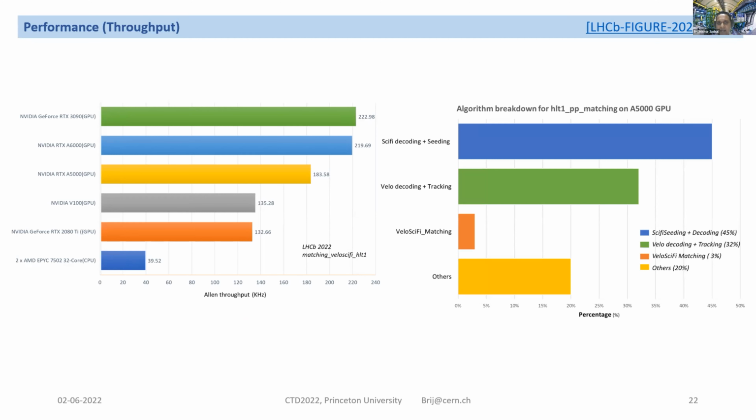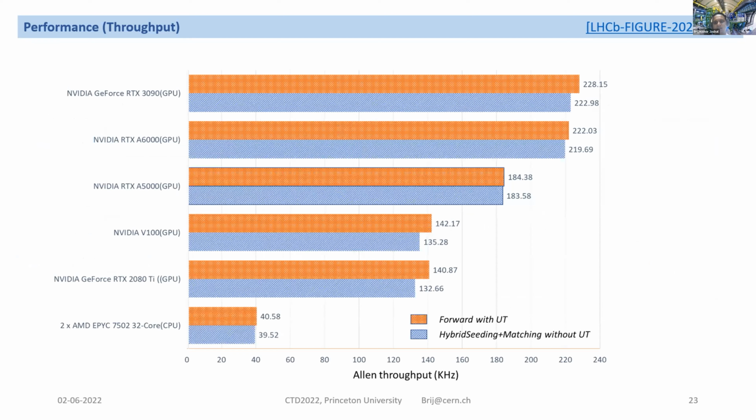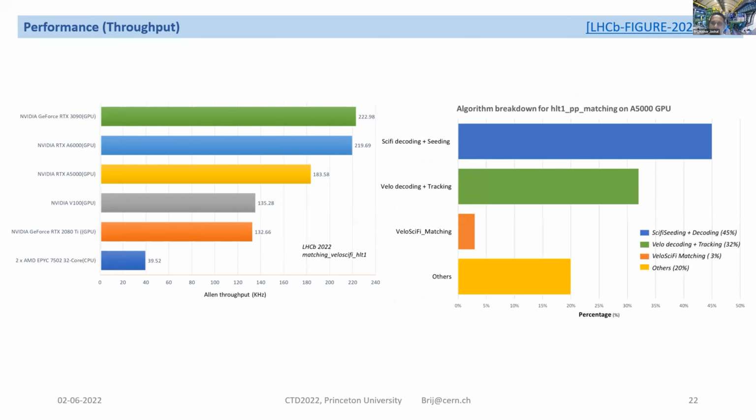And that gives us some headroom for keeping the throughput almost similar, as compared here in this throughput plot, with the red being the forward with the UT, and the hybrid seeding plus matching being without UT. So it's not basically a one-on-one comparison.